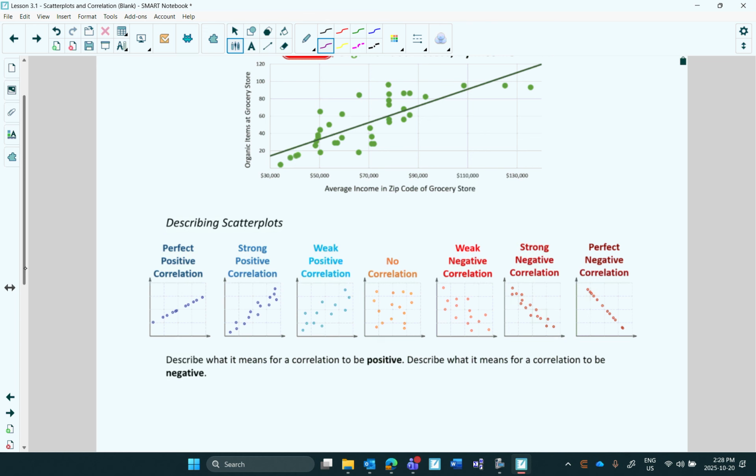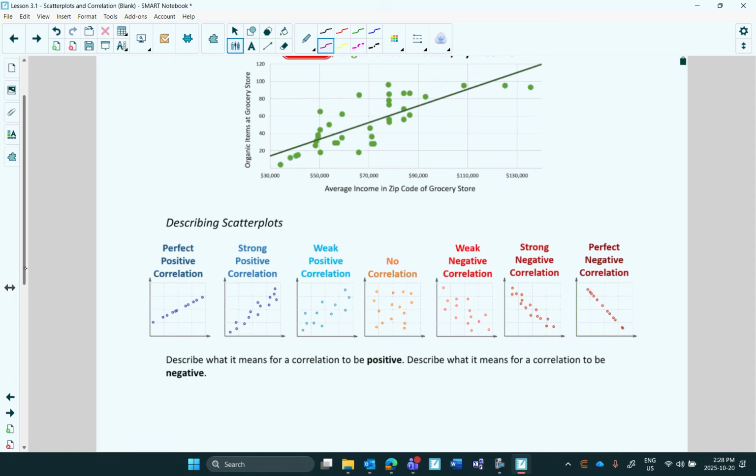It's going up. So what does that mean? Tell me in context. Yes, it is proportional, but tell me, use the names of the variables. So as the household income gets bigger or larger, what happens?